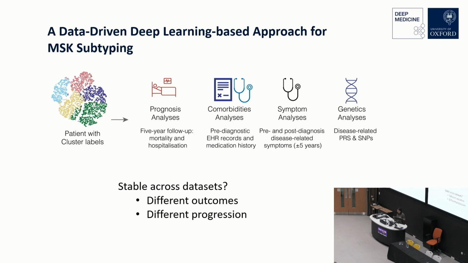We also look at the comorbidity, like the pre-disease. Do they have the same disease burden or not? We also look at the disease-specific symptoms, because we want to verify that those clusters differentiate from each other in their prognosis, comorbidity, and disease-related symptoms.